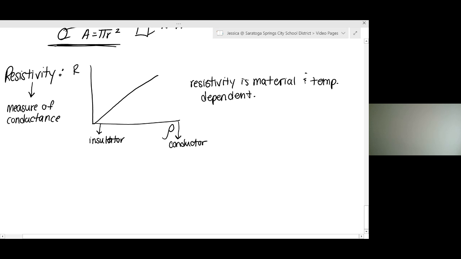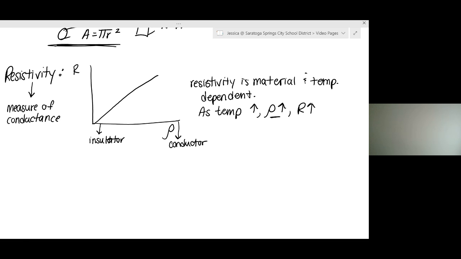As the temperature increases, resistivity increases, so resistance increases. One thing to watch out for is a lot of students, when reading questions, accidentally confuse resistivity with resistance. Yes, they look very similar, but they are different things. So make sure when you're reading questions, you're actually solving for the thing it's asking for.